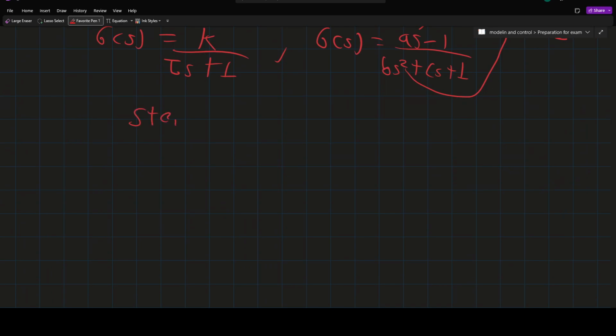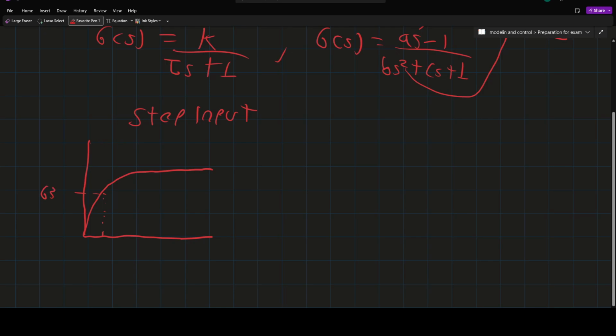When we have a step input, we get a response that looks something like this, where at approximately 63% of the maximum value we have τ, and at 5 times τ we get approximately 99% of the maximum value.